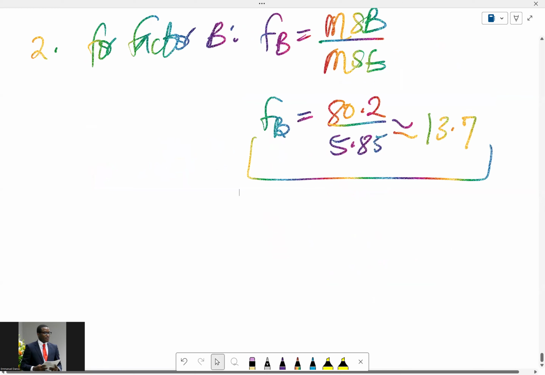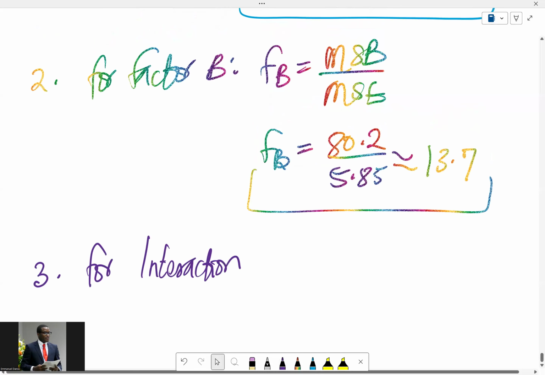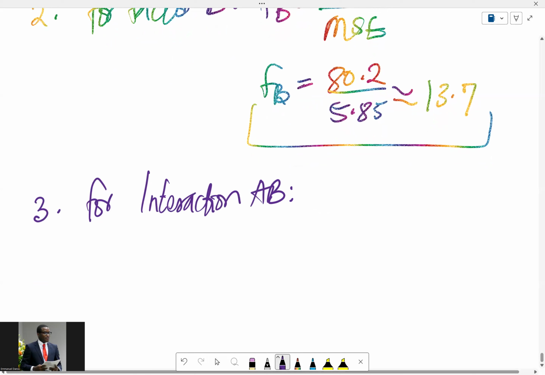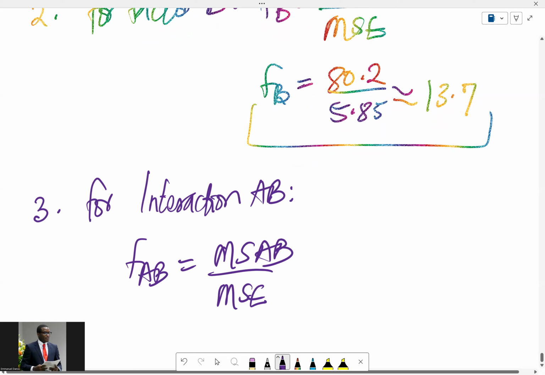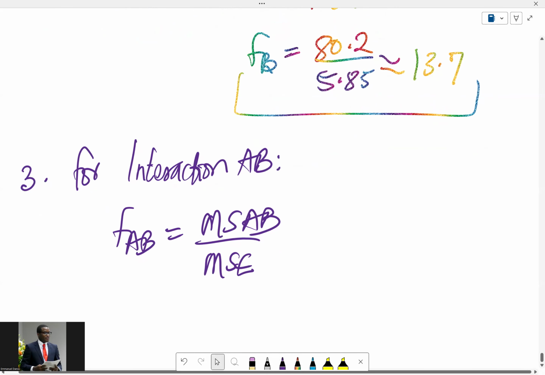Then the third F statistic is for the interaction, which is AB in this case. FAB is MSAB divided by MSE, mean square for AB divided by mean square for error.